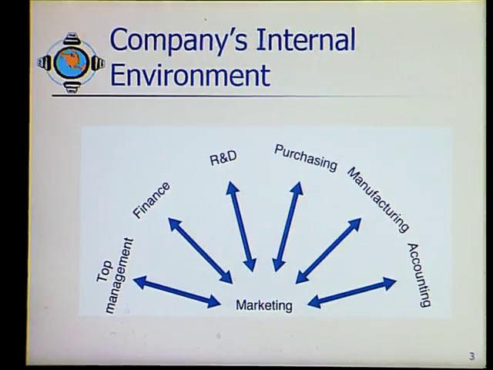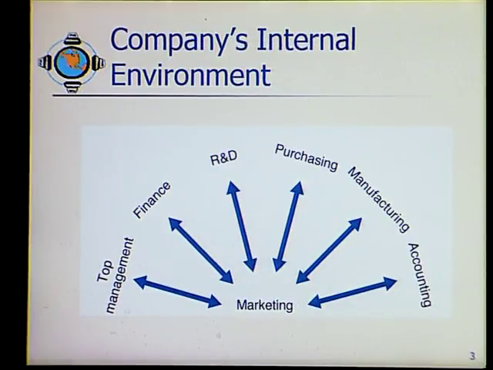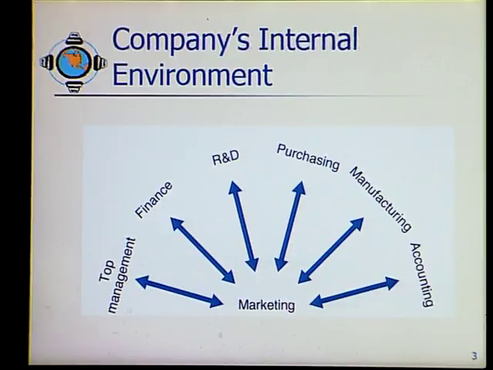We can see on the screen the company's internal environment includes number one, top management, second, finance, third, research and development, fourth, purchasing, fifth, manufacturing, and sixth, accounting. These are the groups that influence decision makers when the company takes any decision from the strategic point of view of the organization.